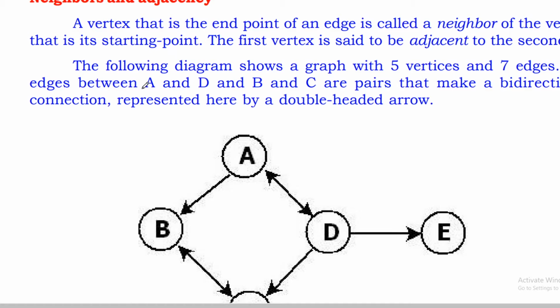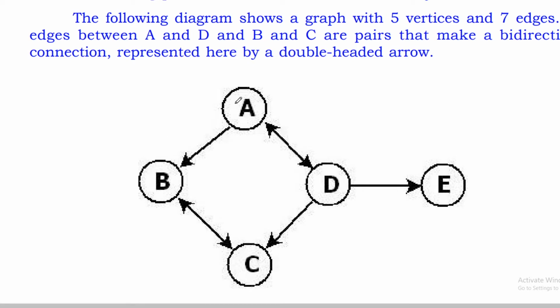The edges between A and D and between B and C are pairs that can make a bidirectional connection, represented here by double-headed arrows. So you can see this is the vertex and it is connected to B. This is called a neighbor, an adjacent node. D is also adjacent. For D, E is adjacent, a neighbor, and this is a neighbor.